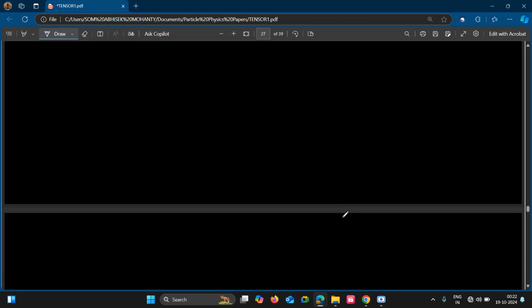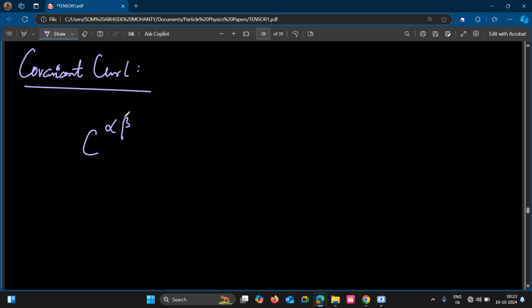So next I have covariant curl. Divergence, gradient, now curl. So curl can be written as C^αβ, C^αβ is equal to C^[αβ], like this, square bracket αβ, is equal to half ε^αβμν.